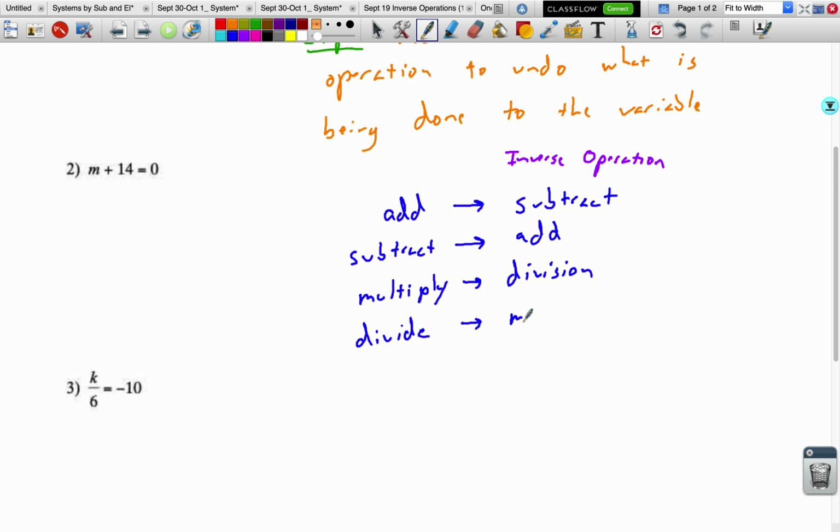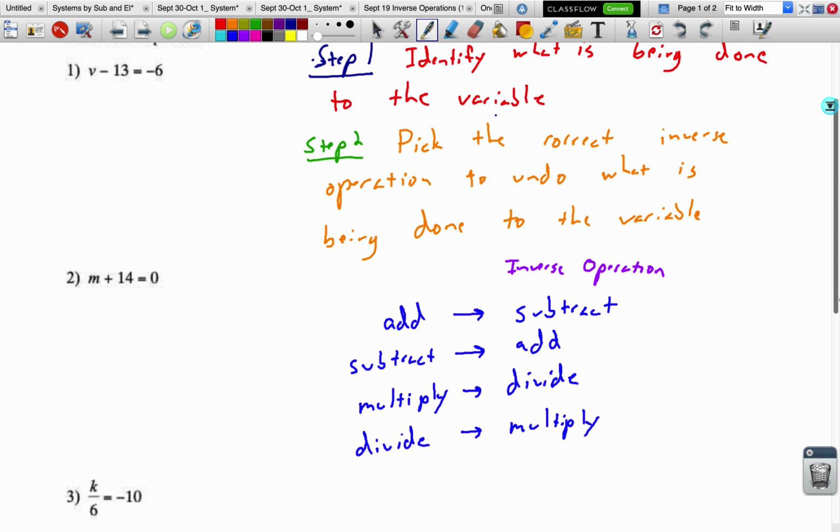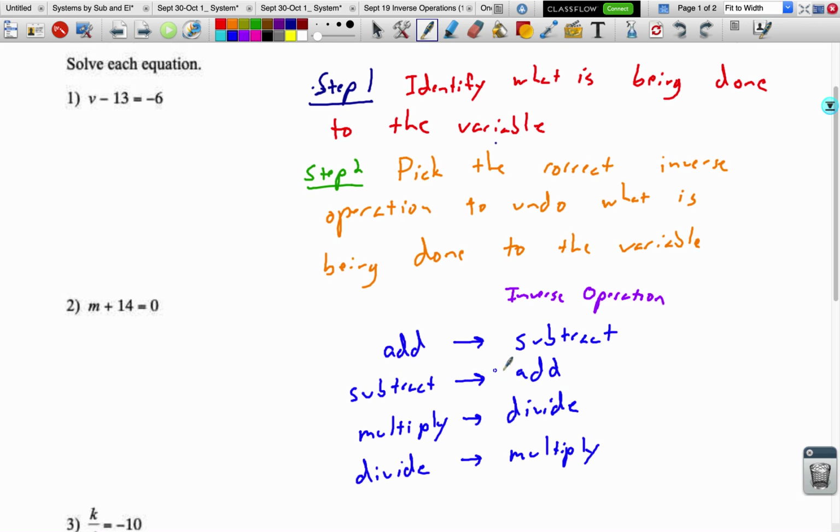You're going to multiply. You don't have to change yours, but I want to keep mine in the same tense. So add, subtract, subtract, add, multiply, divide, divide, multiply. All right, and those are our basic inverse operations. There are others because there's other operations out there, but these are the ones that we have to know for one-step equations.